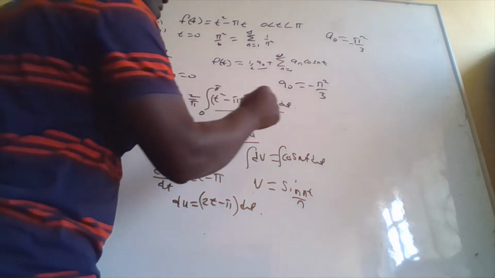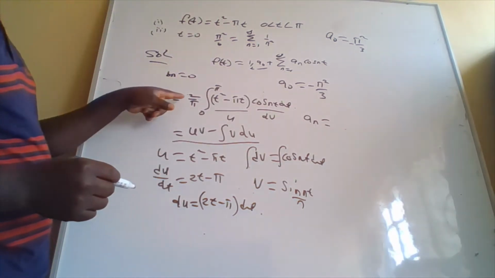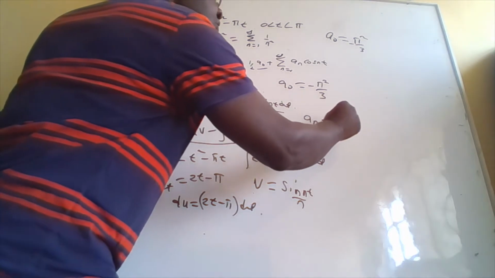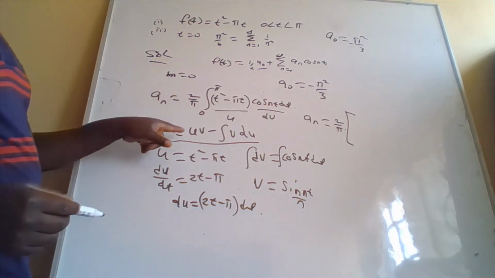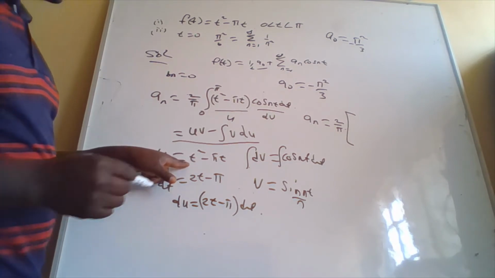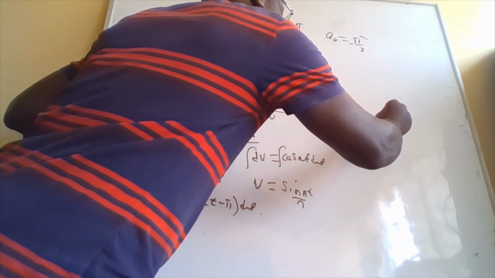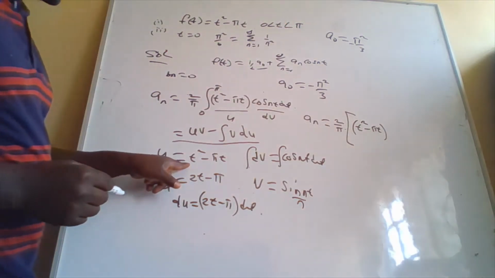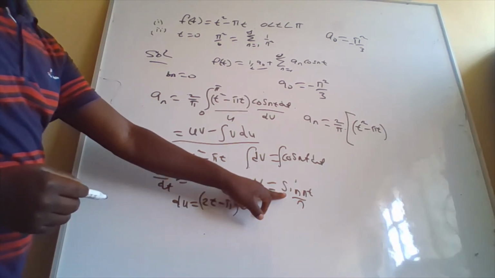Now we come back and substitute in this formula. So we are saying our a_n will be equal to, now we maintain our 2 over pi into uv. Our u is t squared minus pi t, then our v is sine nt over n.